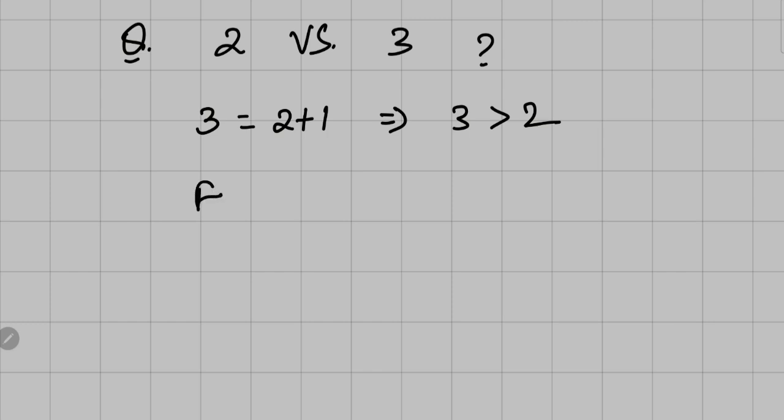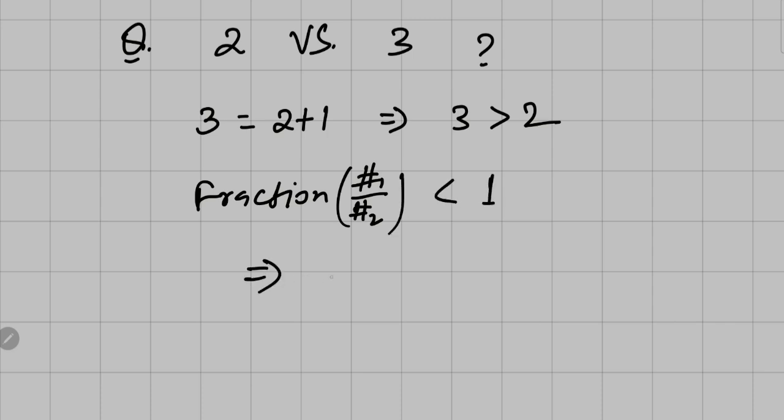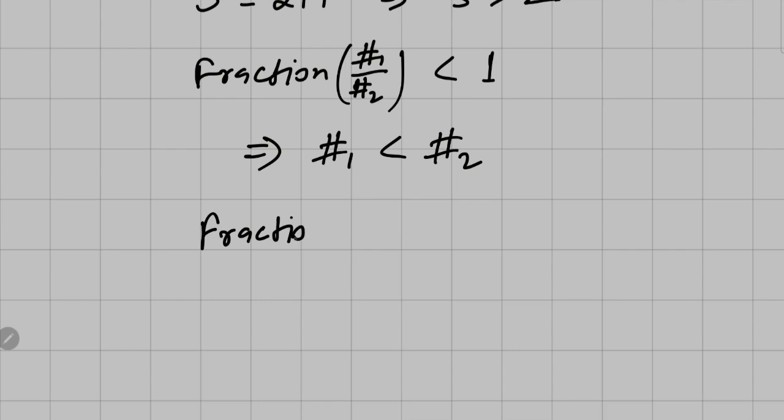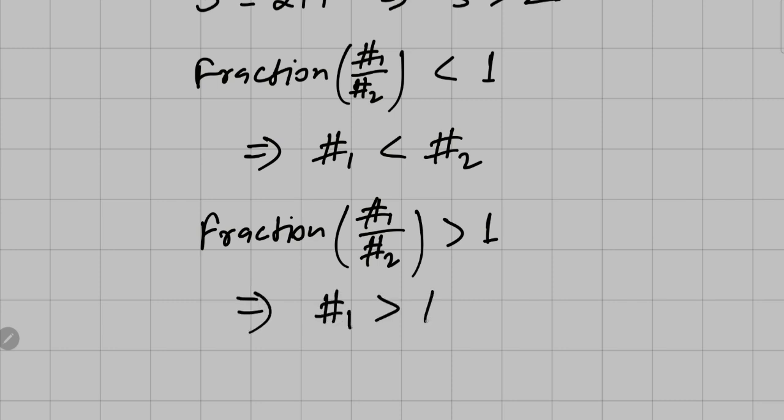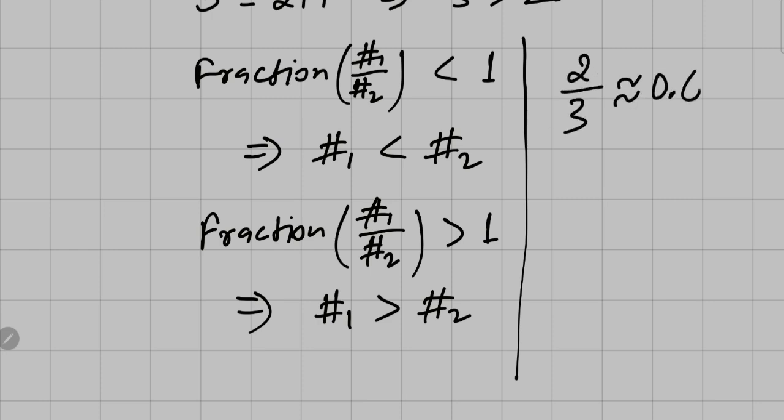We know a fraction less than 1 means the numerator is less than the denominator, and a fraction bigger than 1 implies the numerator is bigger than the denominator. For example, 2 divided by 3 is approximately 0.6. It is less than 1, which implies 2 is less than 3.